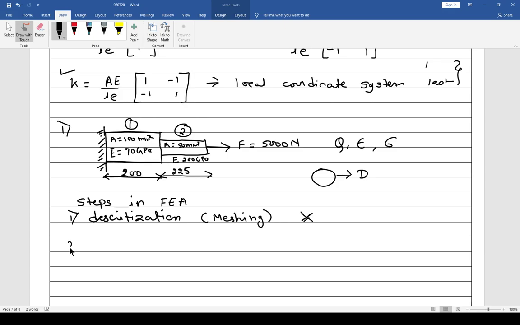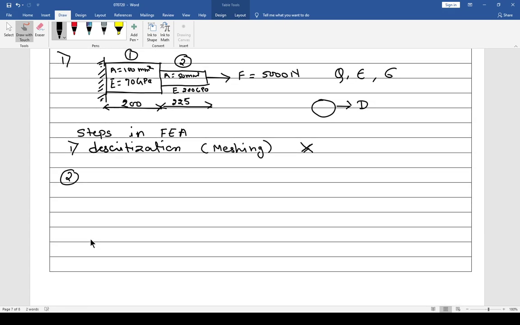Next phase is to form individual stiffness matrix. That is, for each element you find out the individual stiffness matrix.